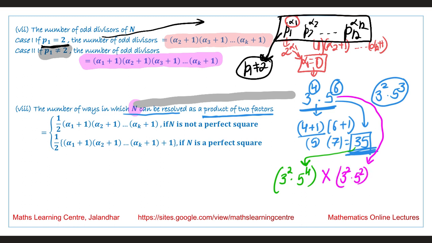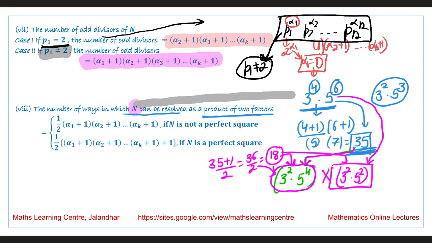How many of these first numbers can we choose? It is 35 plus 1 by 2, that is 36 by 2, that is equal to 18. So we can choose these 18 numbers, and corresponding to these we will automatically obtain the remaining numbers.